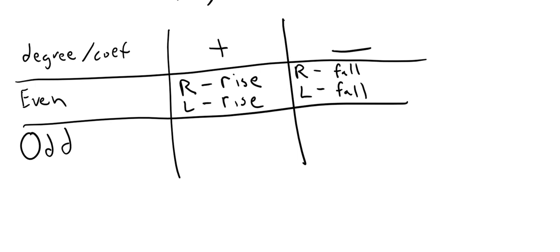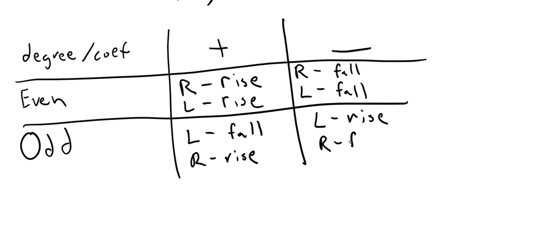Even with the odd ones, if we have a positive coefficient, on the left side, we're going to be falling. And on the right side, we're going to rise. And as soon as we switch to a negative coefficient, guess what happens? Everything just changes. The left side is now rising and the right side is now falling. I know I went through that quickly. Hopefully you were there for class, and this is just a quick reminder.